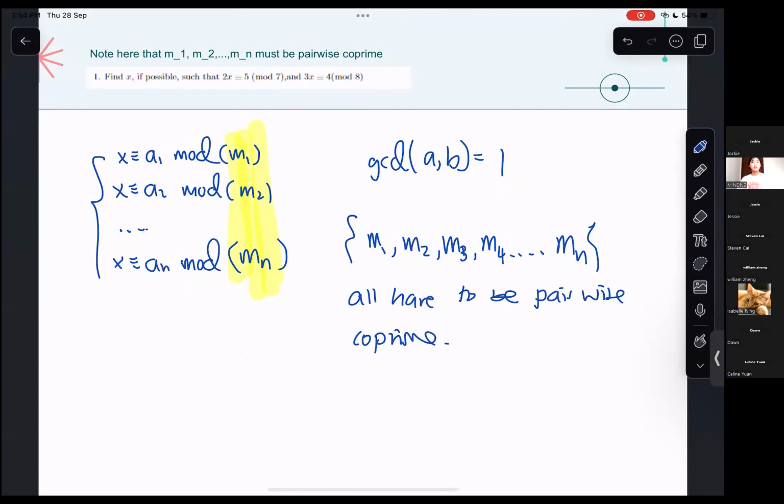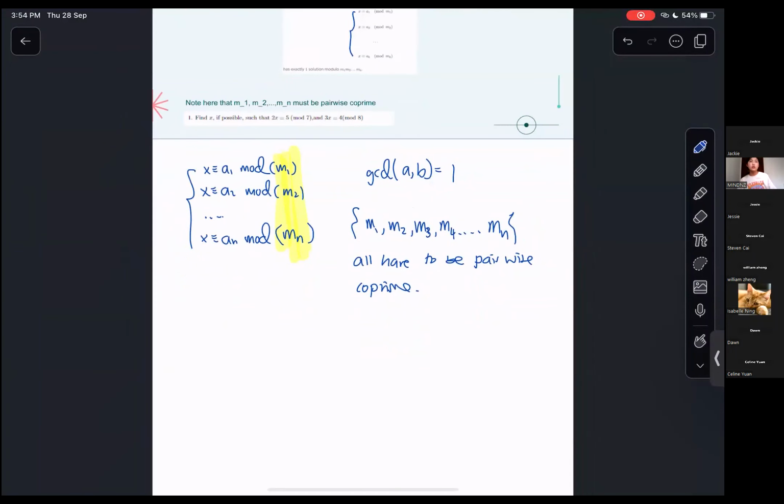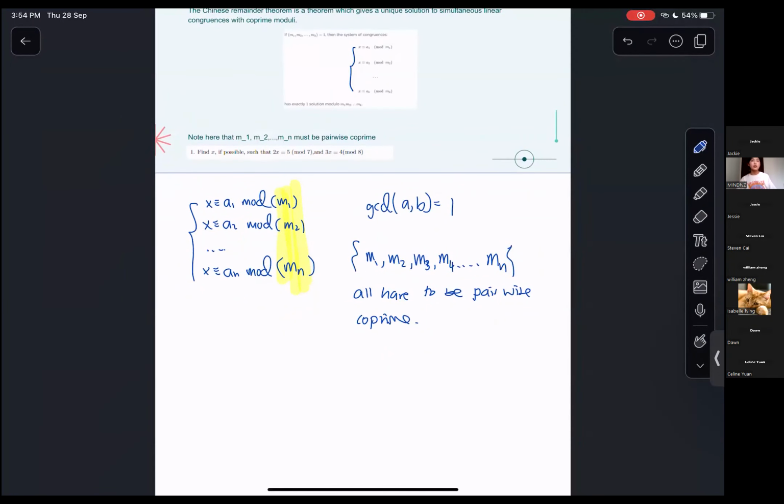So that's our condition. So m1, m2, all the way to mn, they don't share any common factors.